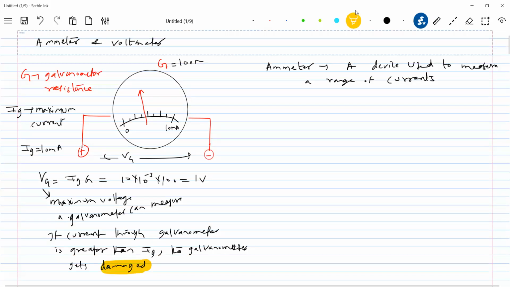Now the same galvanometer, I'm going to convert into an ammeter. There is a galvanometer which will have galvanometer resistance, and there is a scale 0, 5, 10 milliampere. What is the value of this? 100 ohm.